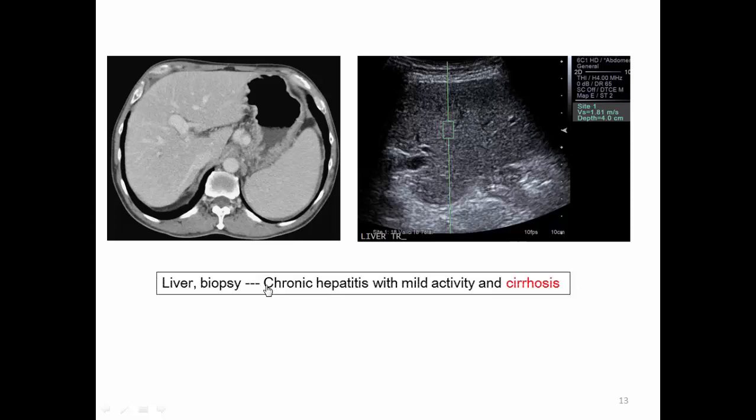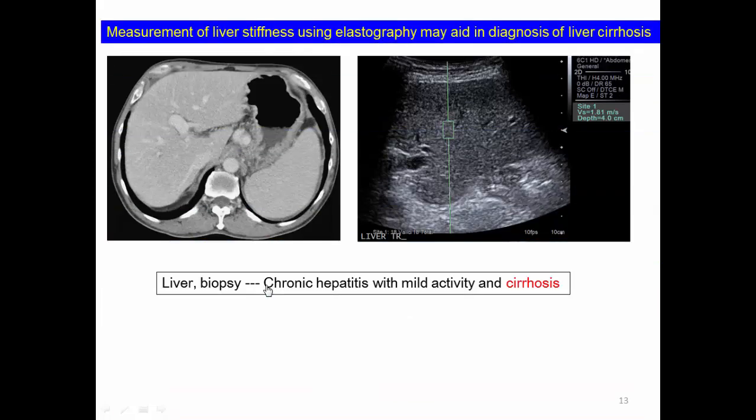But if we measure the shear wave velocity, it is higher than the normal range, 1.8. This patient received liver biopsy, and the result shows cirrhosis. So in some situations, measurement of liver stiffness using elastography may help us in the diagnosis or management of patients with suspected liver cirrhosis.